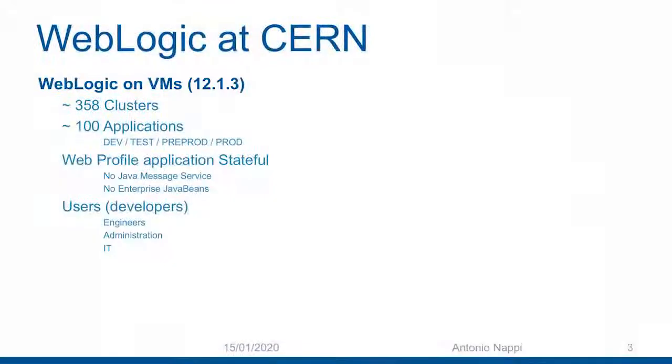In particular, in our group, we run WebLogic and databases. We have a deployment of WebLogic 12.1.3 on VMs. Basically, we have more than 350 clusters. Our users are mostly Java developers.